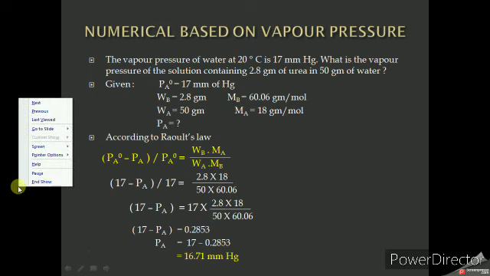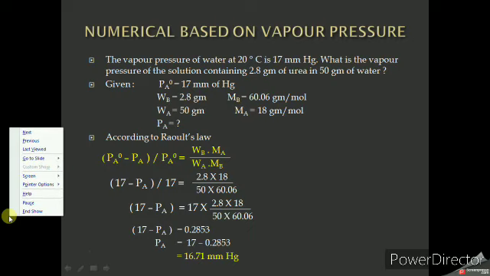So vapor pressure of water at 20 degree centigrade is 17 mmHg. What is the vapor pressure of the solution containing 2.8 gram of urea in 50 gram of water? Given is that PA0, the vapor pressure of solvent, here water, is 17 mm of Hg.